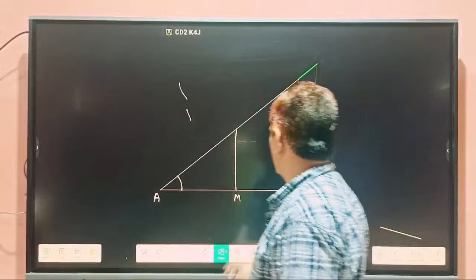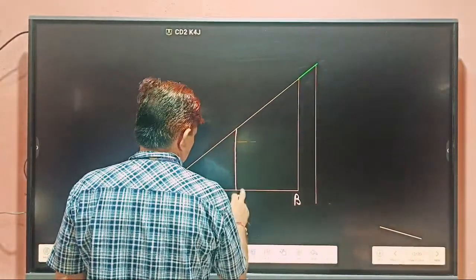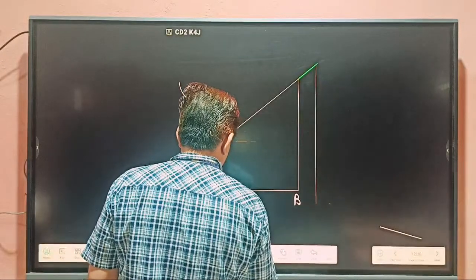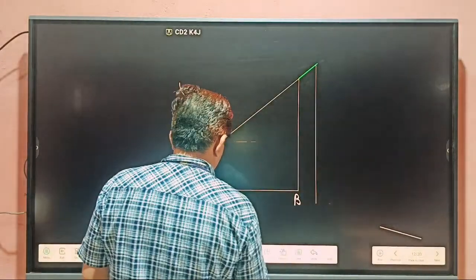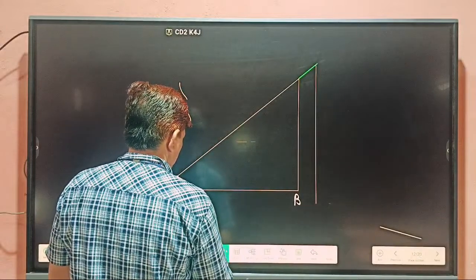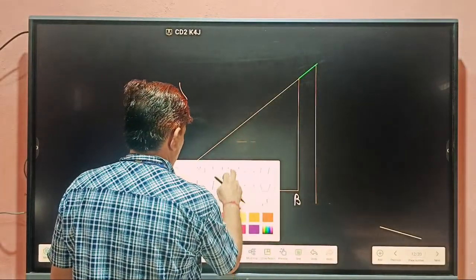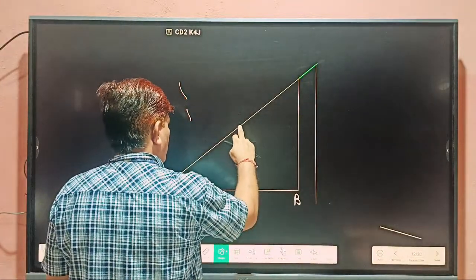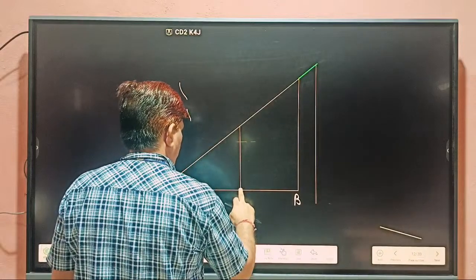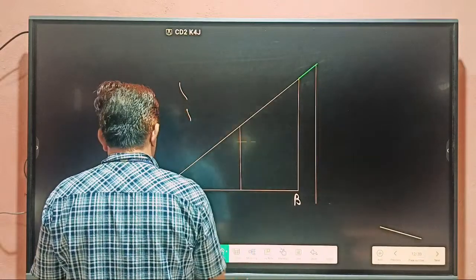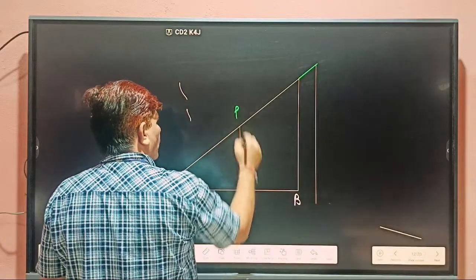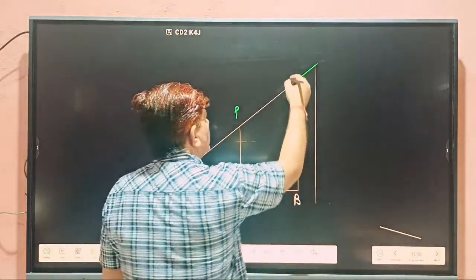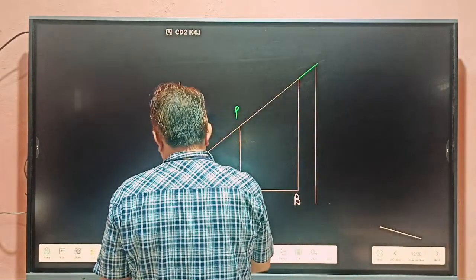So having taken this triangle, we will draw a perpendicular. This perpendicular we can draw. Its name is PM. Understood?